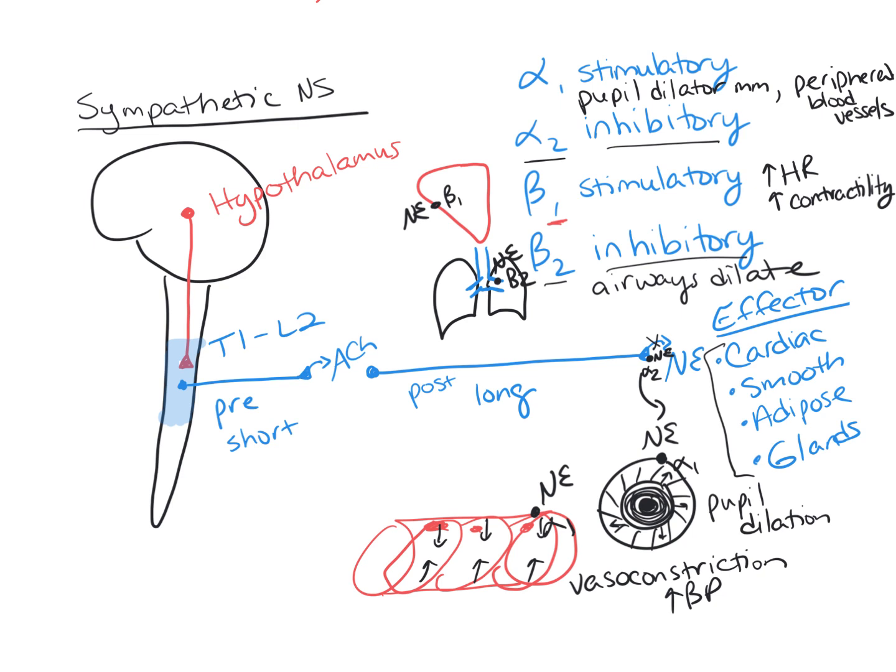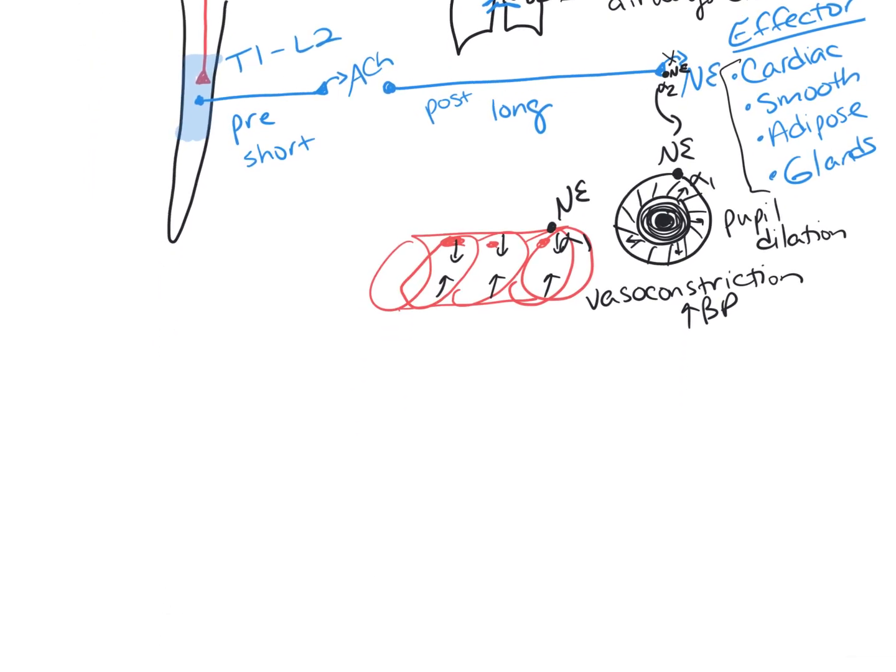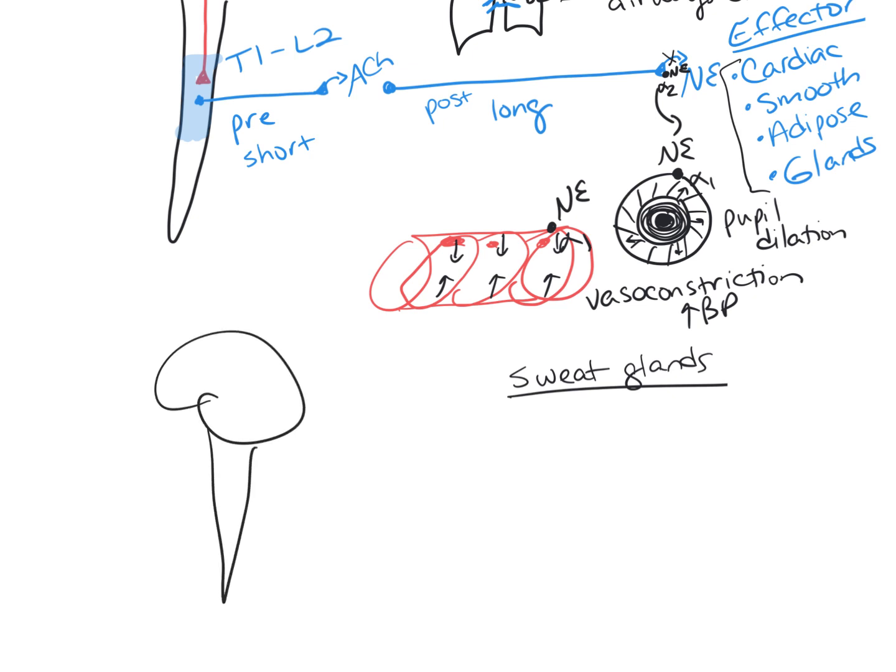Now let's look at two exceptions that we have in the sympathetic nervous system. One exception are the sweat glands. With the sweat glands, so here's the brain and the spinal cord again. Here's that upper motor neuron coming down from the hypothalamus.